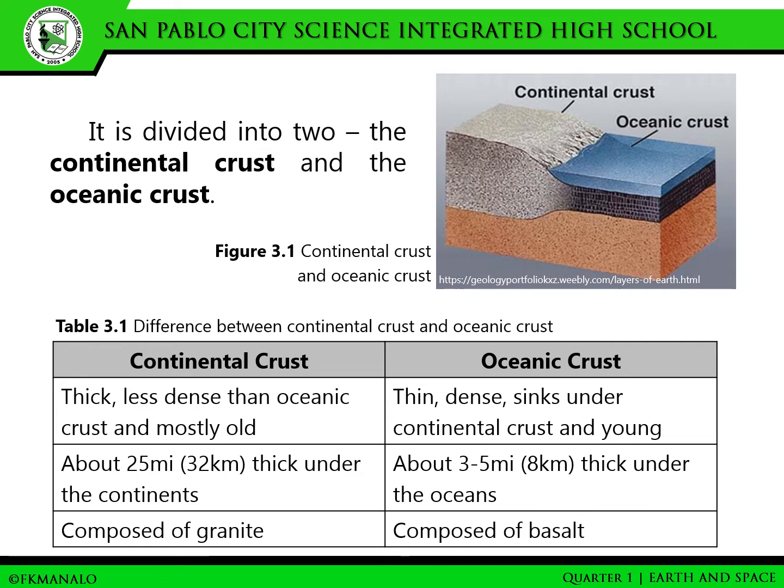It is about 25 miles or 32 kilometers thick under the continents and composed of granite, whereas oceanic crust is thin, dense, sinks under continental crust, and young. It is about 3 to 5 miles or 8 kilometers thick under the oceans, and it is composed of basalt.